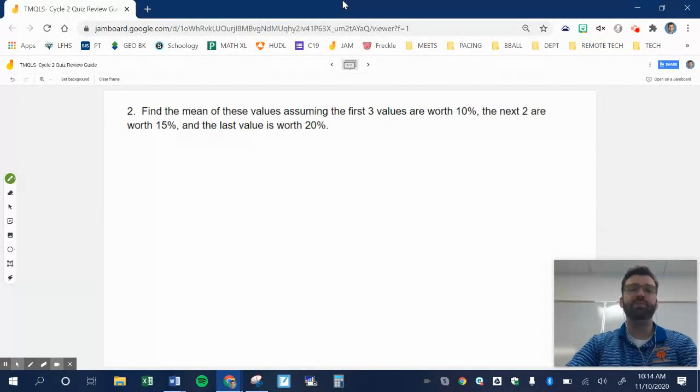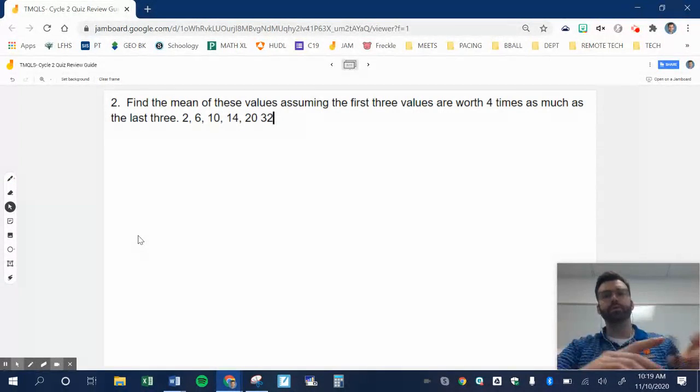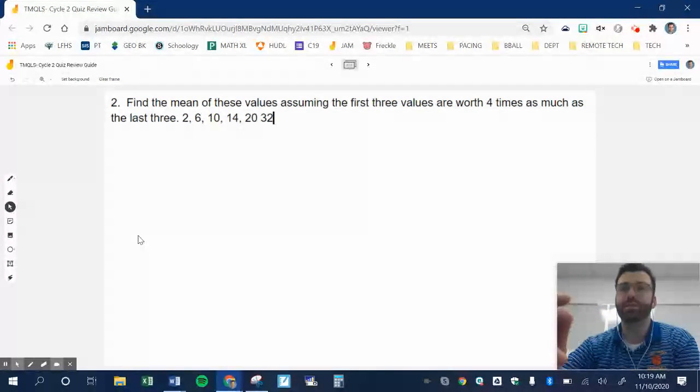All right. Find the mean of these values, assuming the first three... Hold on. There's no values. All right, we're going to try this one more time. Find the mean, assuming the first 3 values are worth 4 times as much as the last 3. So this is a weighted mean.